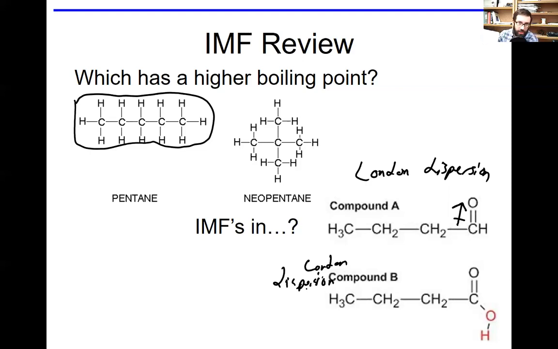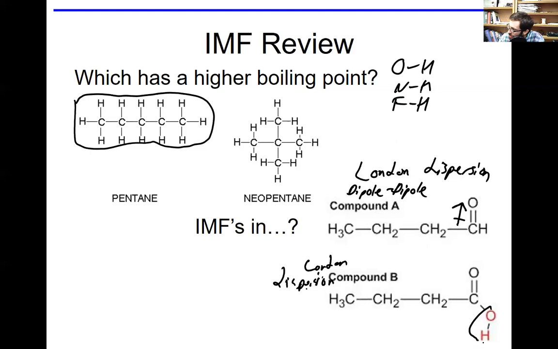So that's a delta of 0.9, which is greater than 0.4. So that's a polar covalent bond, and that's going to have a dipole-dipole. But notice that compound A doesn't have any of the OH, NH, or FH bonds that you need for hydrogen bonding, okay?